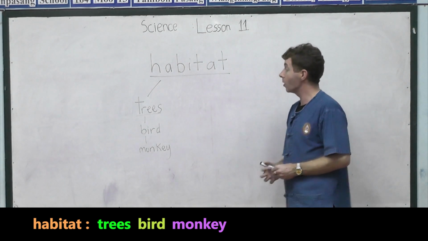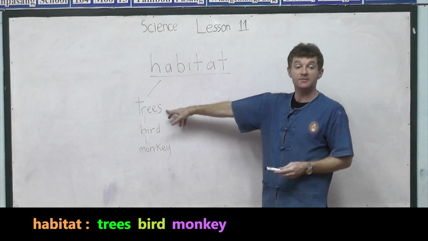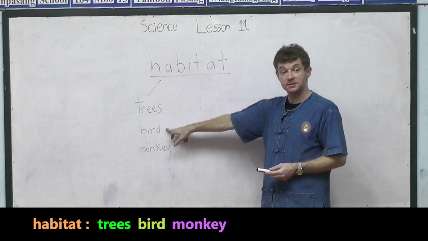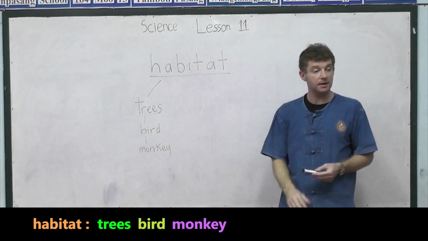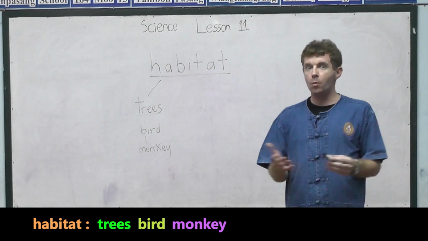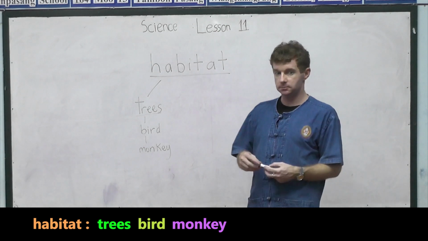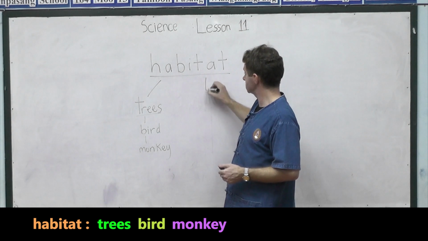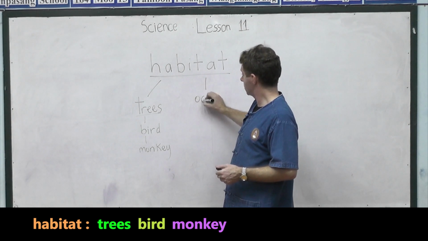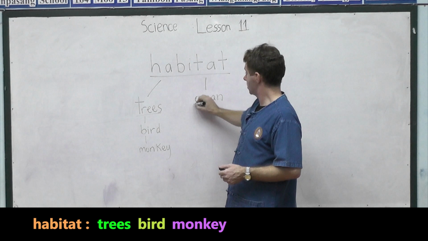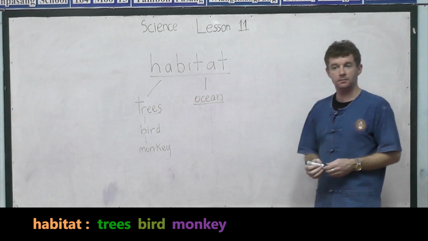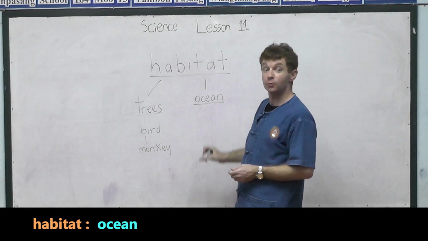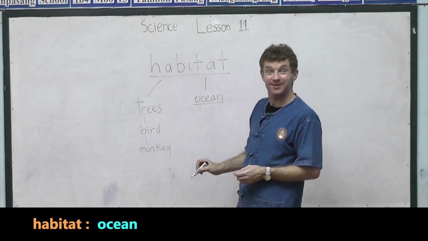You see, so trees is a type of habitat for birds and monkeys. How about another type of animal? Okay, if teacher Wes says ocean, shark, fish, dugong. Dugong lives in the ocean.